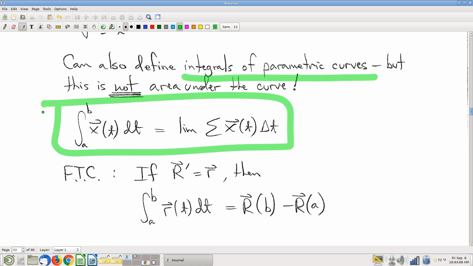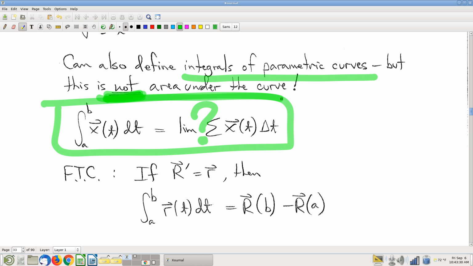The only thing is, what does this actually represent? It's really not clear. Geometrically, what does that thing represent? Well, it's definitely not the area under the curve. And I remind you, you shouldn't have any expectation that it would be. This parametric curve is not a graph.